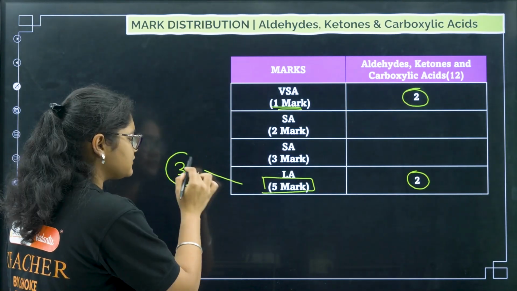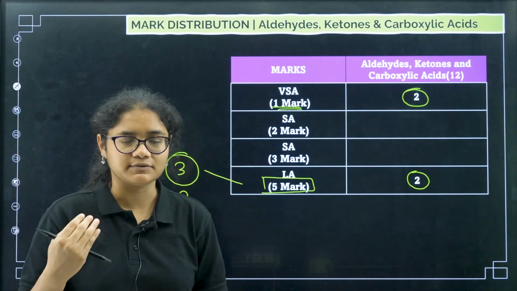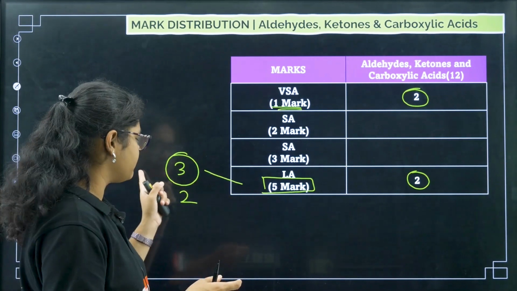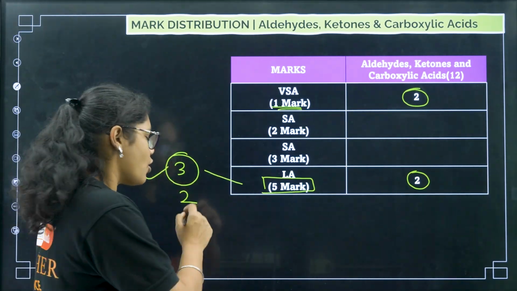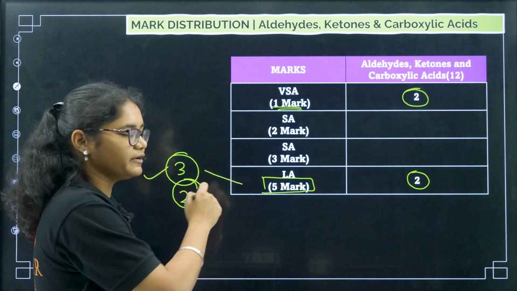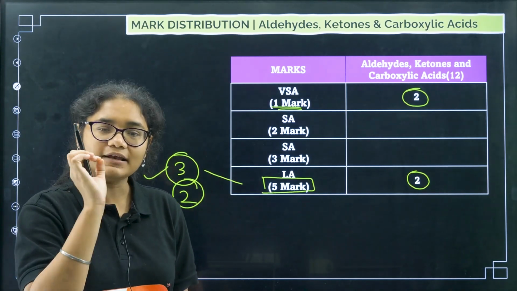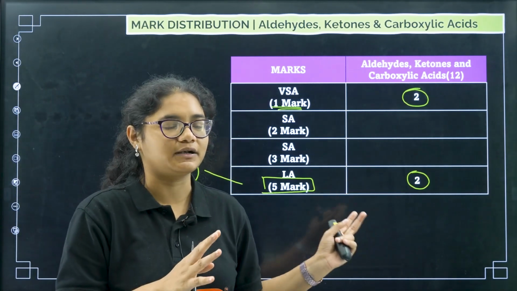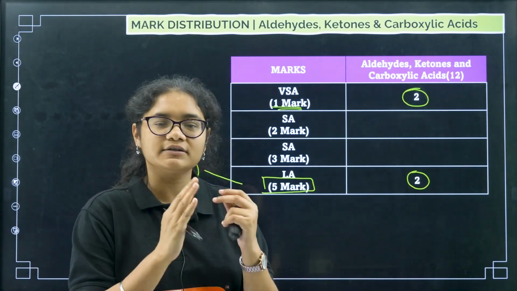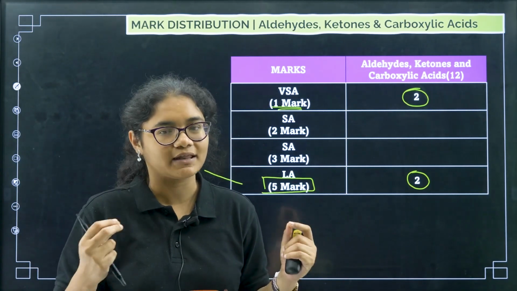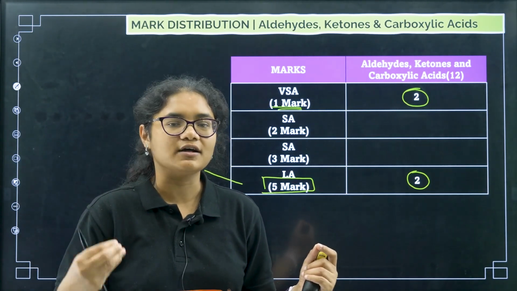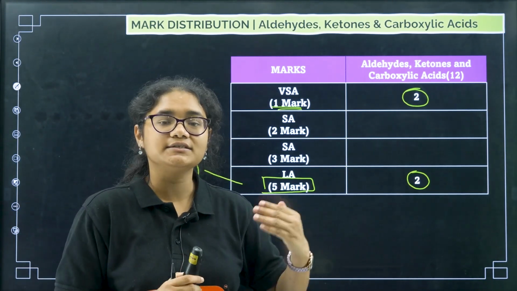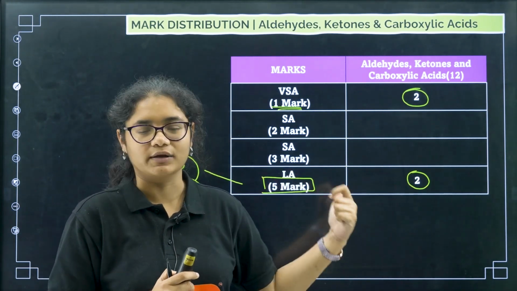Some of the most predictable questions we can practice, and definitely you can get 3 marks, or 2 marks, or somewhere in between. There is very little probability that you will get 0 out of 5 in these long answer questions, because they are very predictable and often asked from name reactions and some mechanisms.